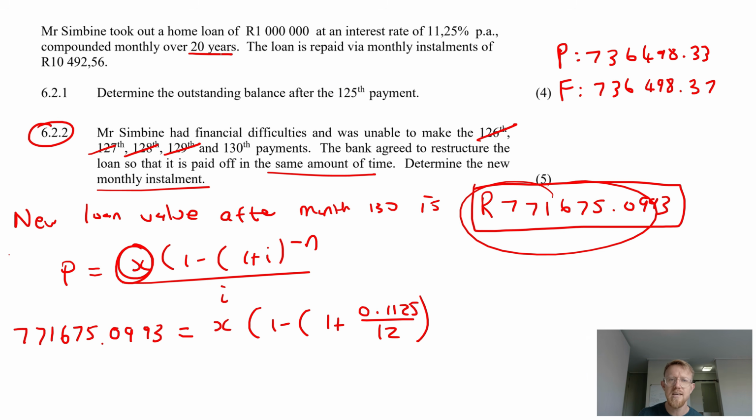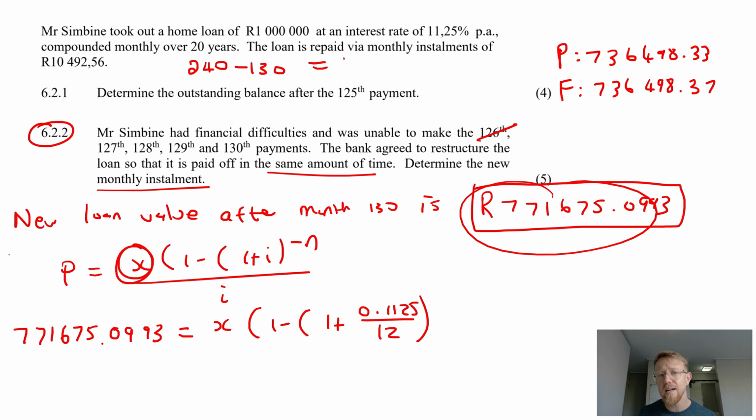So what was the original N value? The original loan term was 240. How many months have now gone by? Well, there was 125 months of payments, and then he missed these 5 months, and so 130 months have gone. So how many months are still remaining of this original 240?